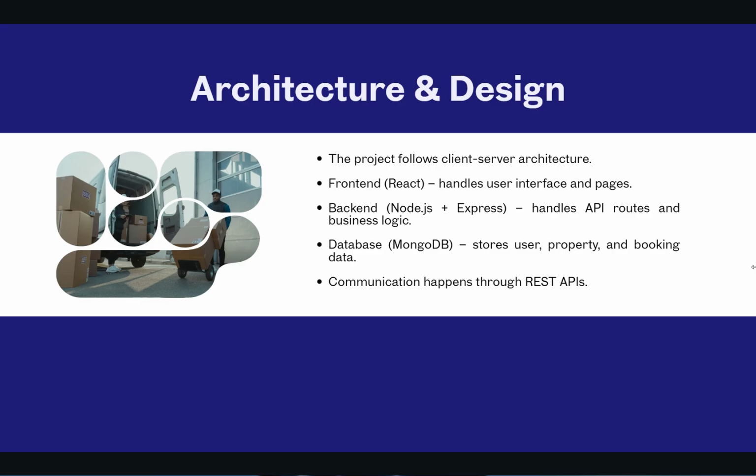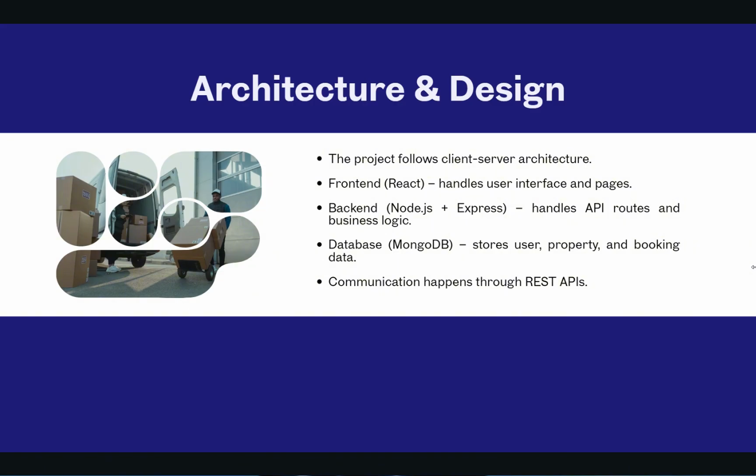They receive requests from the front end, process business logic, and send responses. Examples of backend routes are slash API slash auth slash login. These routes ensure data validity, authentication, and error handling. Security checks like verifying the JWT token also happen here.